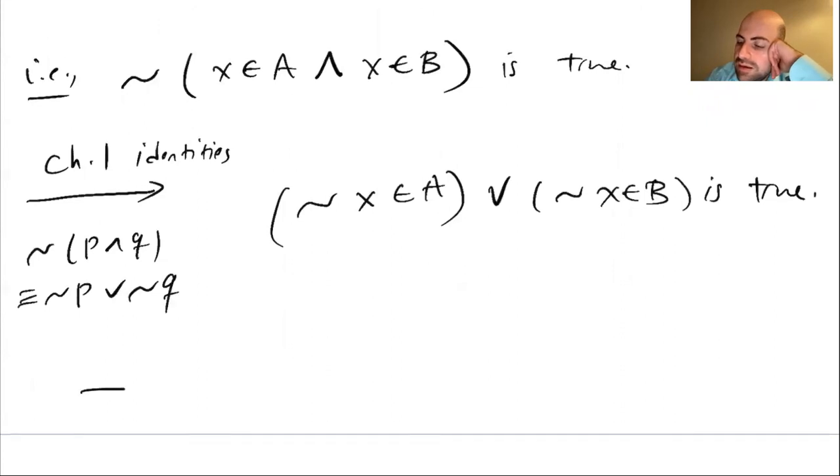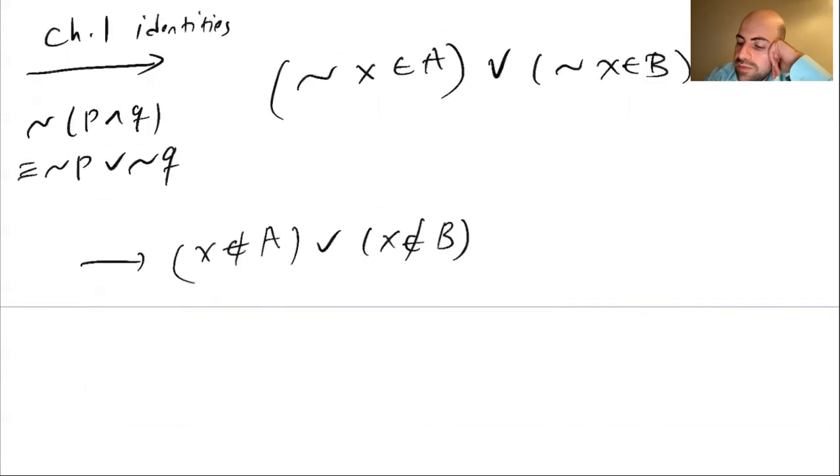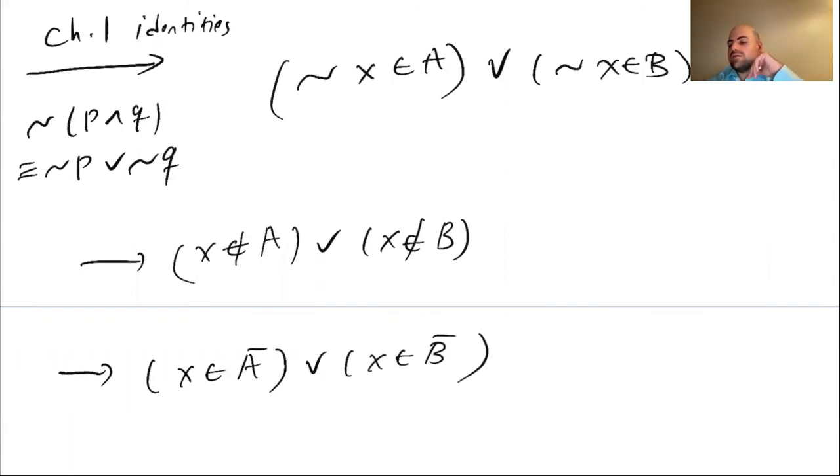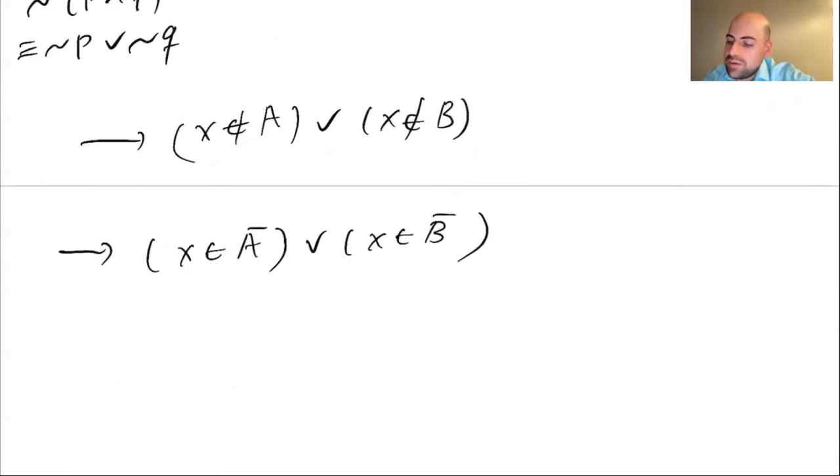It is X does not belong to A, or X does not belong to B. X does not belong to A is the same as X belongs to A complement, or X belongs to B complement. X does not belong to A means X belongs to A complement. And then this means X belongs to A complement union B complement.